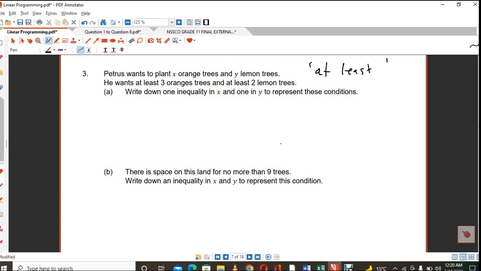When you say at least, it can be more than that or equal to. So X is for the orange and Y is for the lemon. So X should be greater than or equal to 3. Y should be greater than or equal to 2. Those are the 2 inequalities there. Then there is space on this land for no more than 9 trees. So that means X plus Y should be less than or equal to 9.